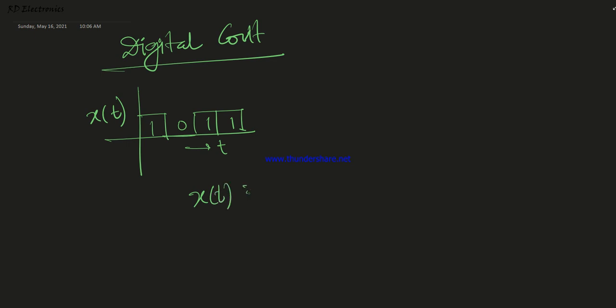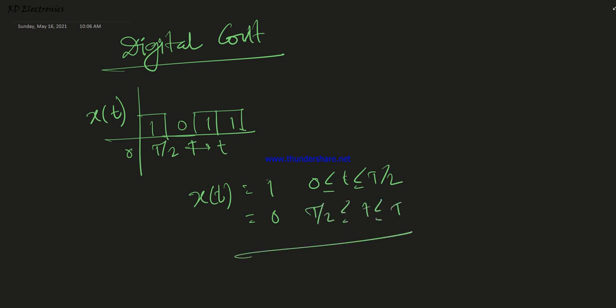So x(t) equals 1 for 0 to T by 2, and this is 0 when T by 2 to T. Instead of 1 we can represent it in voltage form, that is the magnitude equal to voltage. So this is known as the digital continuous signal.